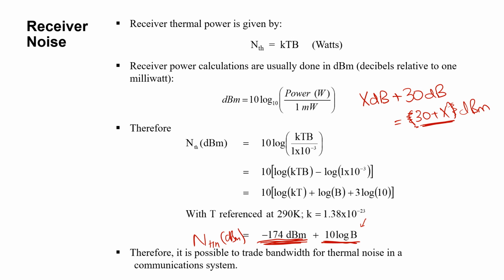So it is fairly possible to increase the coverage of our communication system from 1 kilometer to 1.5 kilometer just by changing the bandwidth.